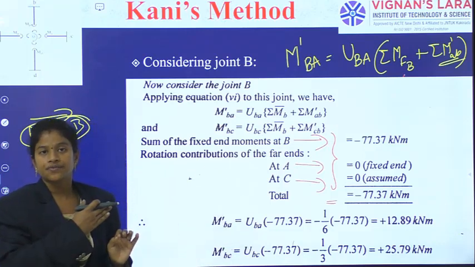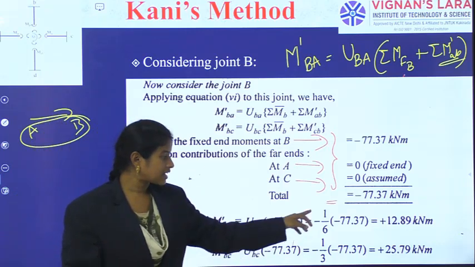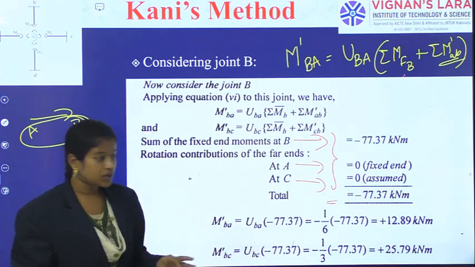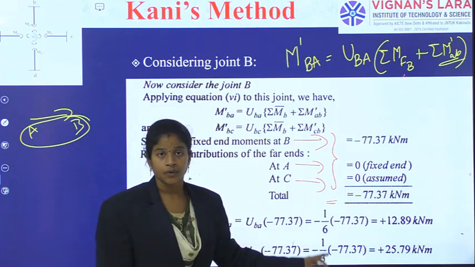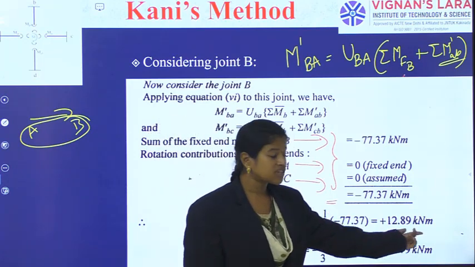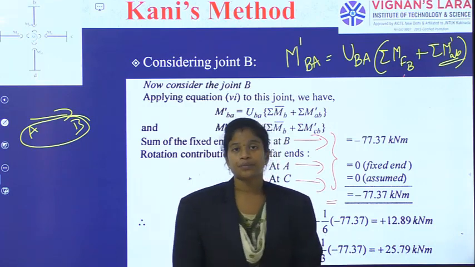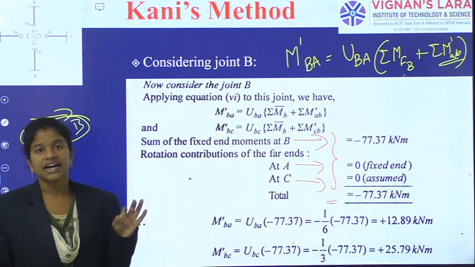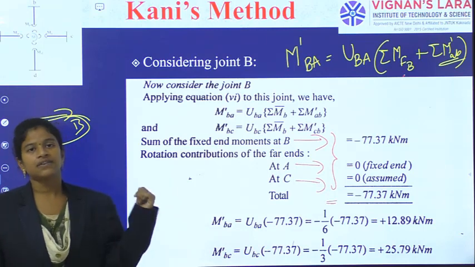From the rotation factor table, UBA is minus 1 by 6, and UBC, B towards C, is minus 1 by 3. After multiplication you get 2 more values, minus 12.89 and plus 25.79. These are the outputs for the rotation contribution at the joint B in the first cycle.